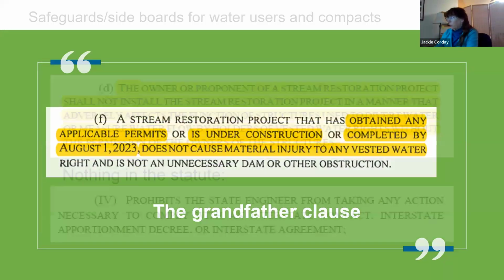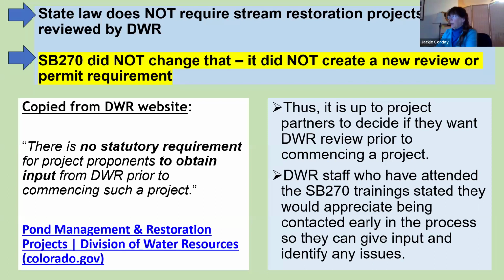I'm going to go through a few slides kind of quickly because of time. This was a question that kept coming up over and over again, so I want to spend a little bit of time on this slide. State law does not require stream restoration projects to be reviewed by DWR.